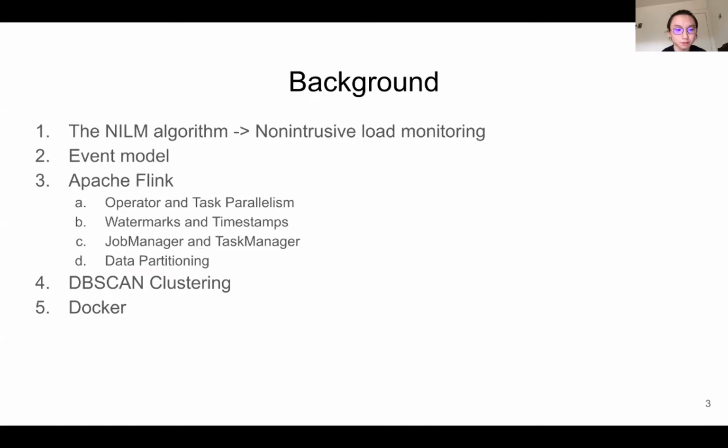Other than the framework, we also take the idea of the DBScan clustering algorithm to do the event detection, and in terms of deployment, we take advantage of Docker Compose and Docker containers to deploy our solution.